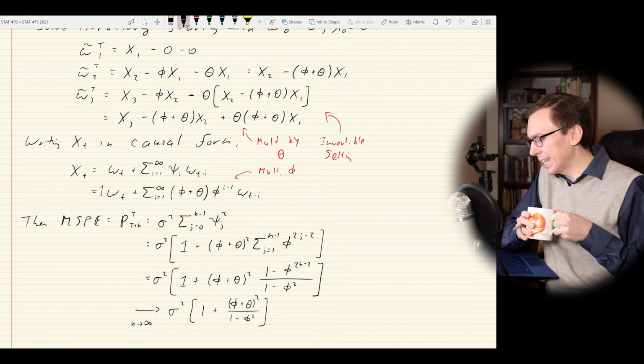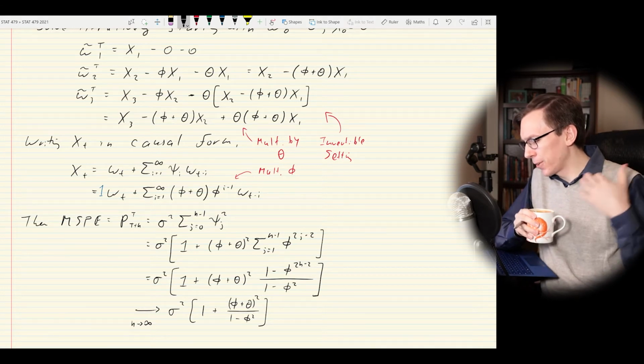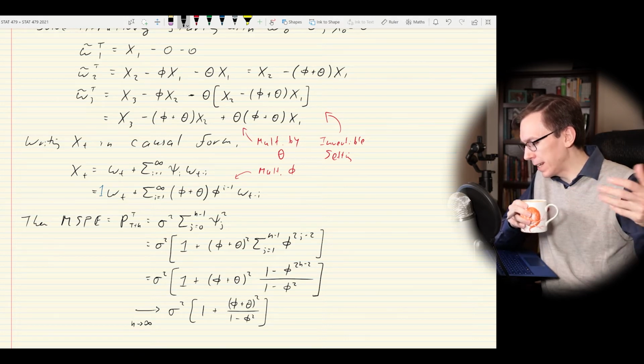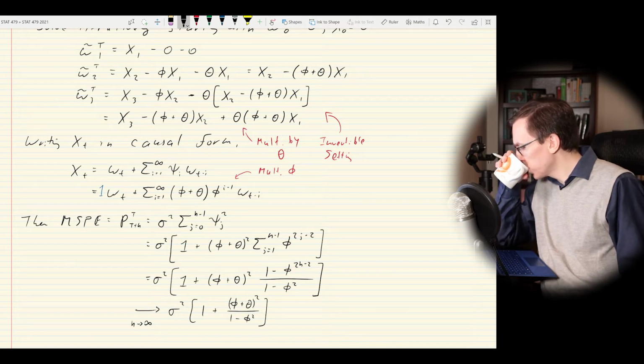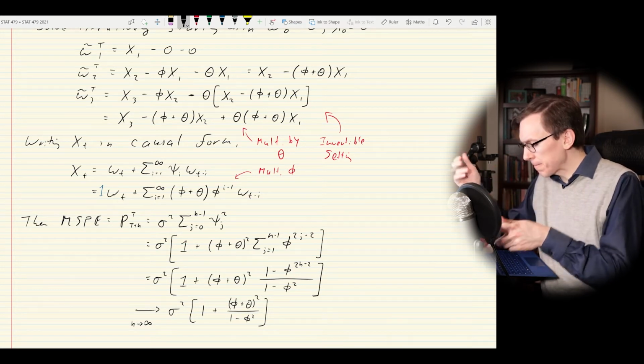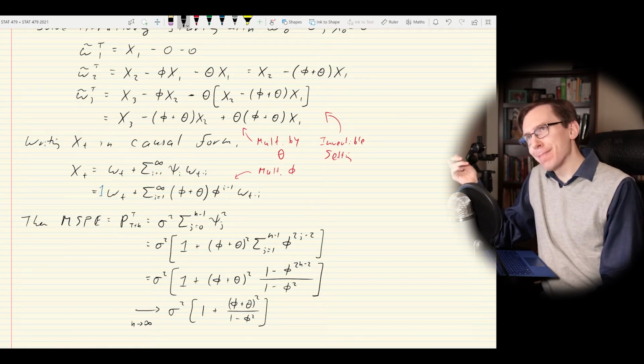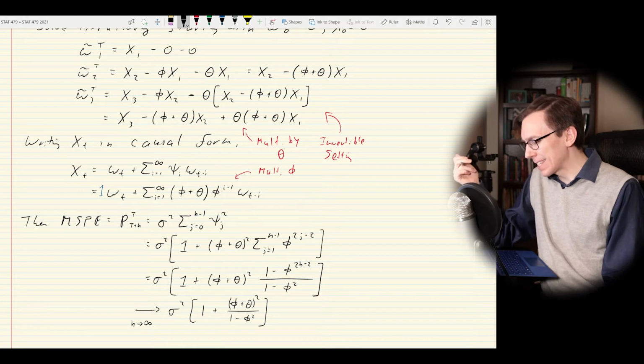So again, the idea is that we just end up converging to the variance of the process itself when we take h to infinity. I don't know if there's any interesting intuition here. No, not that I can think of. I think that's more or less the idea.